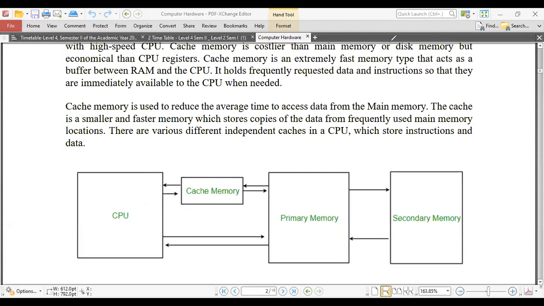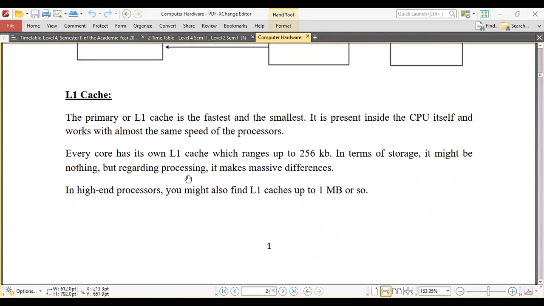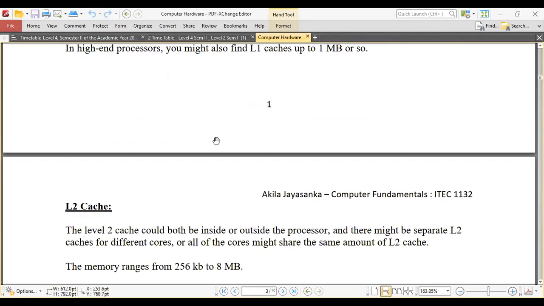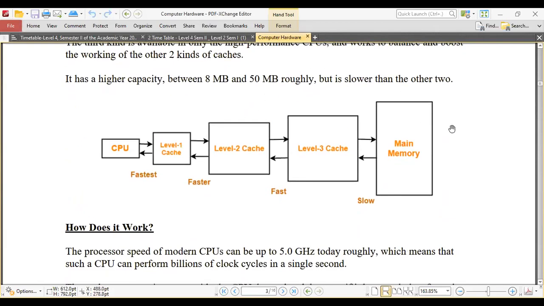Right? That's the main purpose of cache memory. Again, this cache memory is also divided into 3 levels. So you can see that in this image. Right. So this is the main memory.